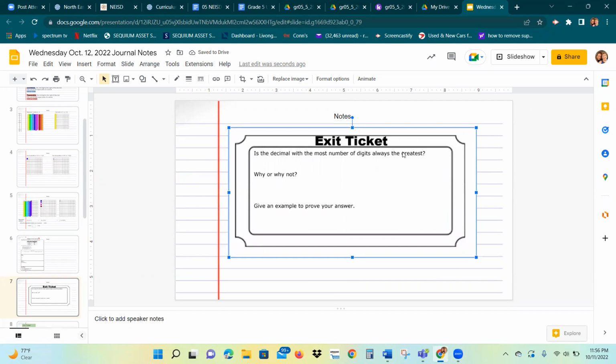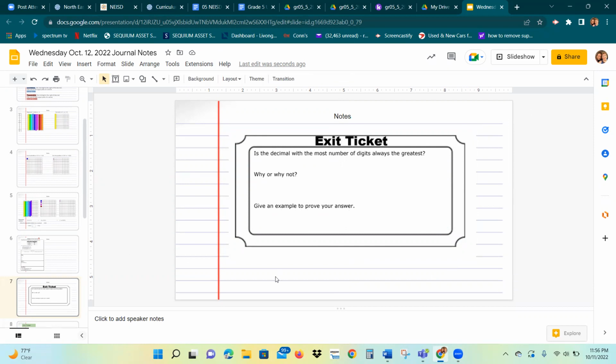The question is, is the decimal with the most numbers of digits always the greatest? Why or why not? And then give an example to prove. Okay, so remember, we've been talking about is the decimal with the most. So if we had, oh, I have to put it in a text box.